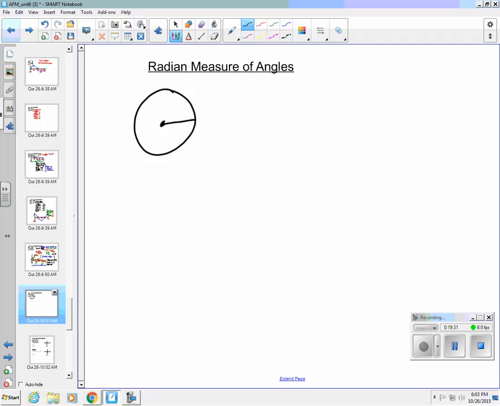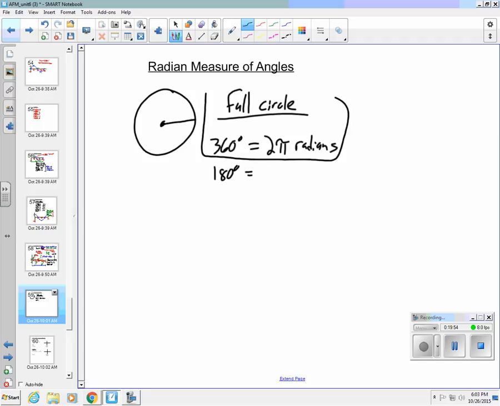So starting off, a full circle in degrees is 360 degrees. For radians, that's 2 pi radians. Right, we can cut both of those in half. 180 degrees, half a circle, would be pi radians.